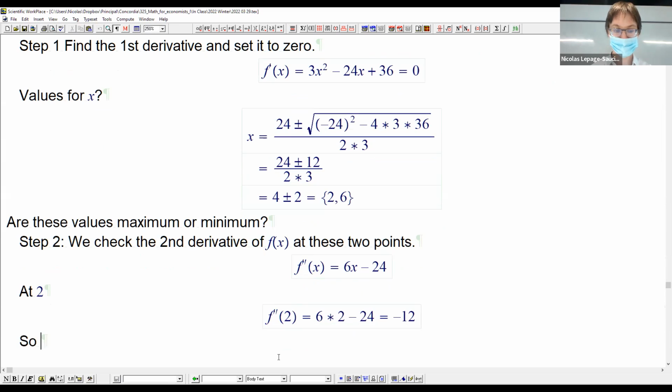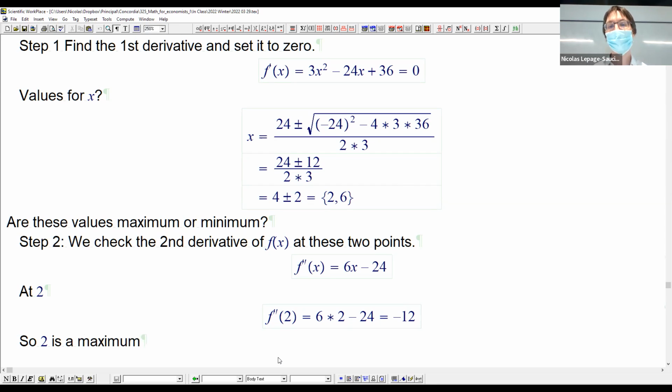So 2 is a maximum or minimum? Max. Good. So 2 is a maximum.